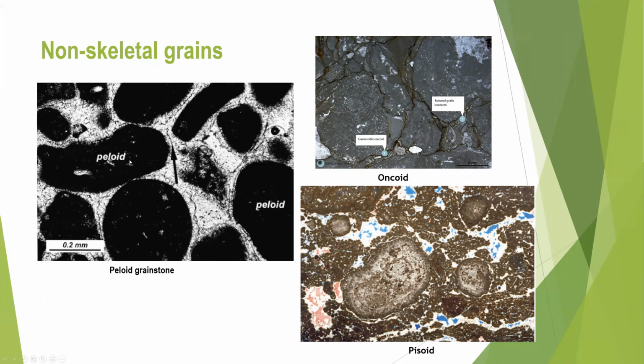Other non-skeletal grains are peloids, oncoids again, and pisoids. Peloids do not show a very high energy environment. They show, for example, the leeward side of a lagoon toward the barrier or toward the tidal flat. But for pisoids and oncoids, most of the time, they show a lower energy environment.